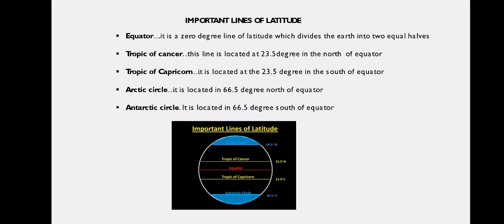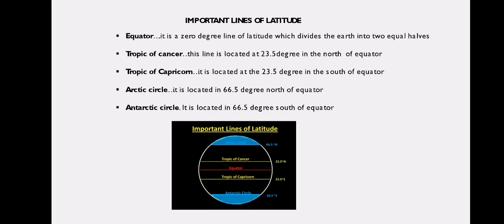Some of them are discussed here, such as the Tropic of Cancer. As you can see in the diagram, one of the important degrees of latitude is known as the Tropic of Cancer, which lies at 23.5 degrees north of the equator. The next important line of latitude is the Tropic of Capricorn.